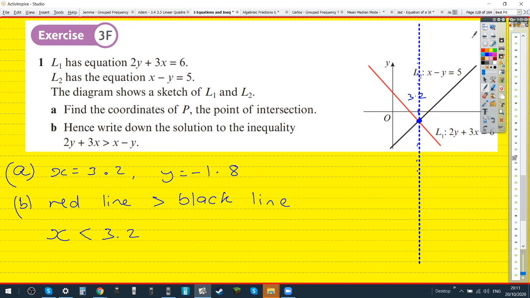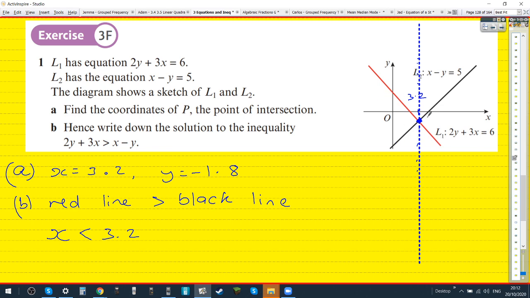What is it like? I don't understand what it means by 2y plus 3x is greater than x minus y. So you would have to solve that. If you have a graph, one way: here you have 2y plus 3x. So this red line is the 2y plus 3x one.